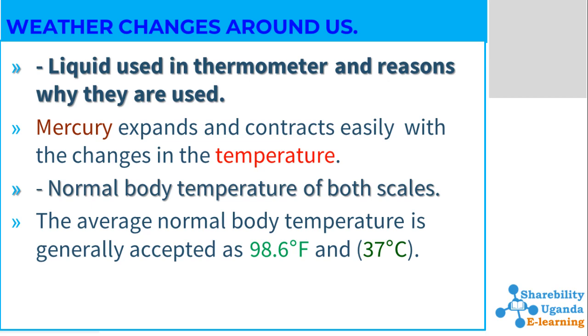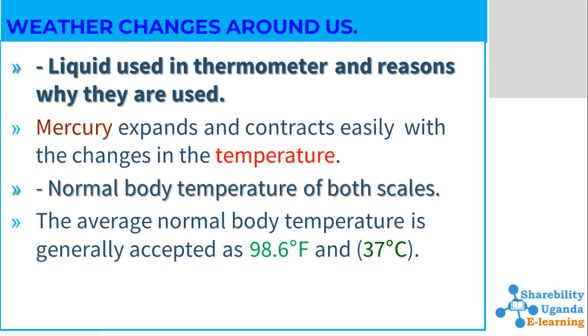At a small change in temperature, the mercury is able to expand. Even at slightly decreasing temperatures, mercury will contract, therefore helping us determine the temperature of an object or a human body.